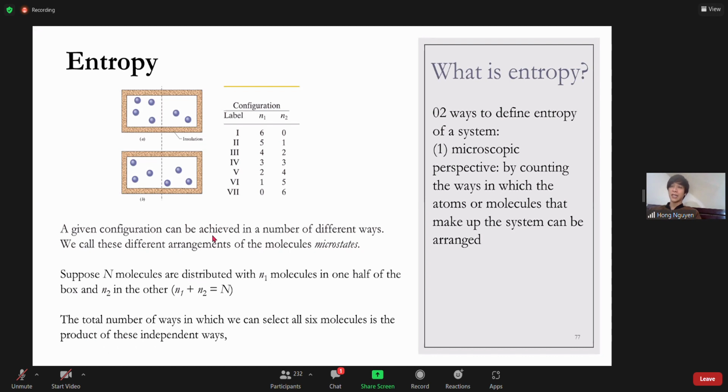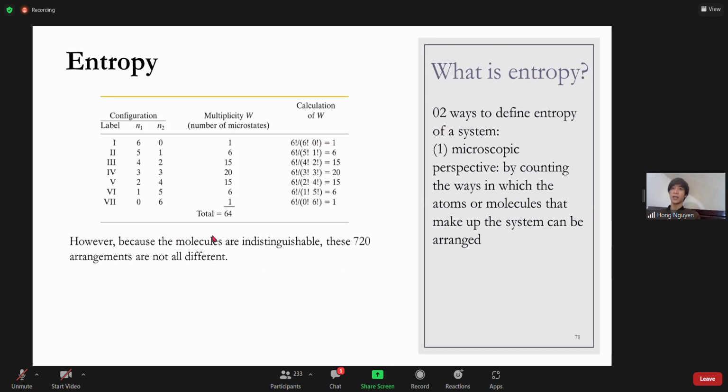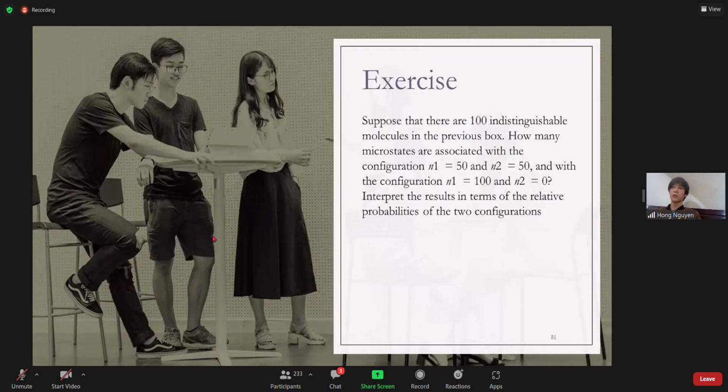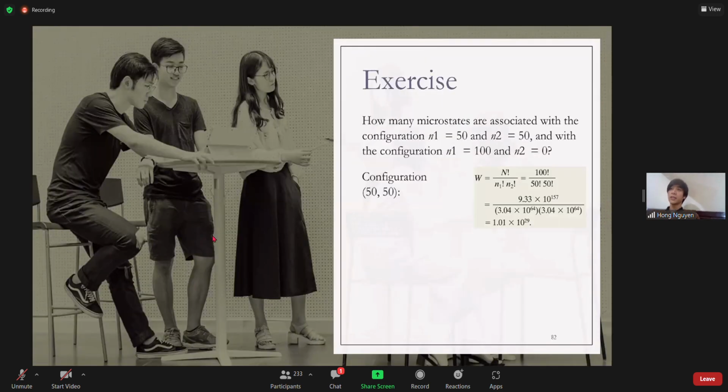Just like now we will see the difference between one system having only 6 molecules and one system having 100 molecules. And we know that even 100 molecules is a very small system in reality, right? Very small. And for this even very small system, what do we have?